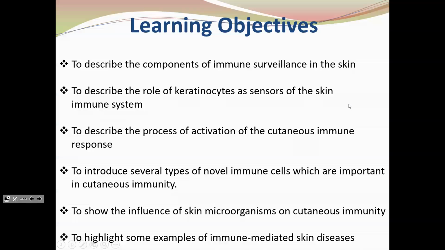So having said that, the objective of this lecture is to talk about the components of the immune surveillance within the skin, and then to describe a new concept that I never told you about in the POD block, and that is the fact that parenchymal cells themselves, such as the epithelial cells, have things like PRRs, so they can function similar to the innate immune system, and so then activate the adaptive immune system.